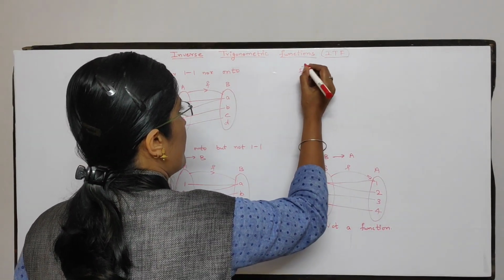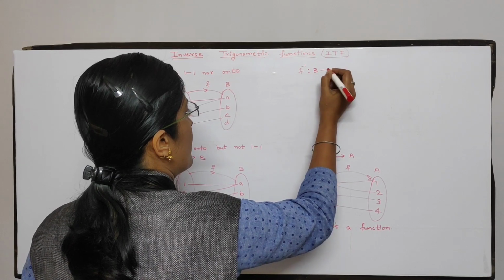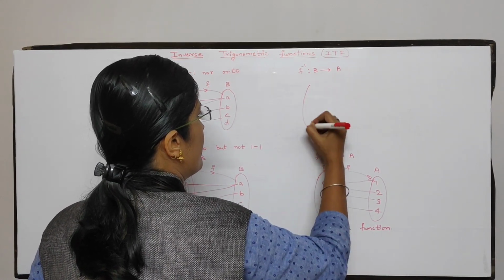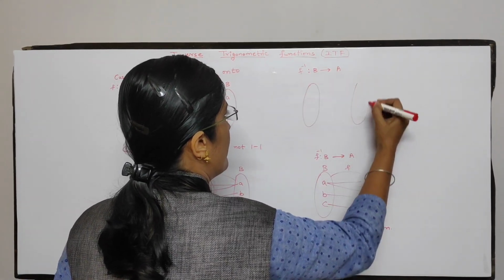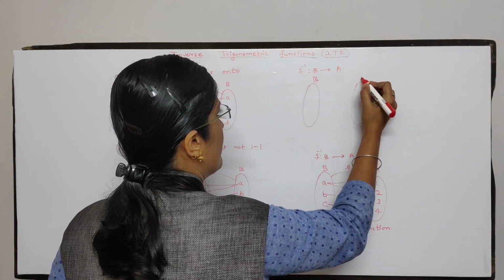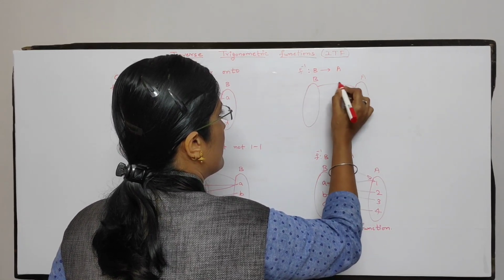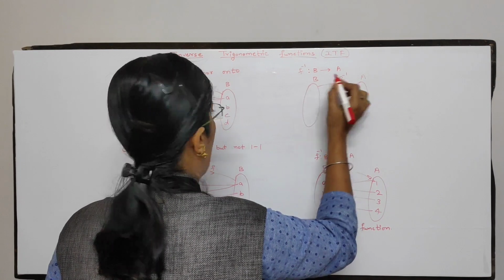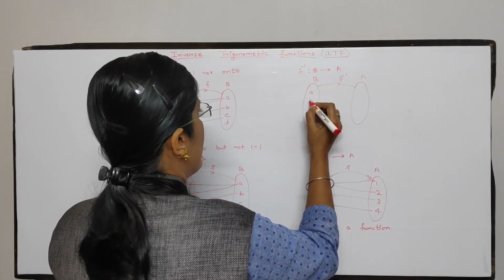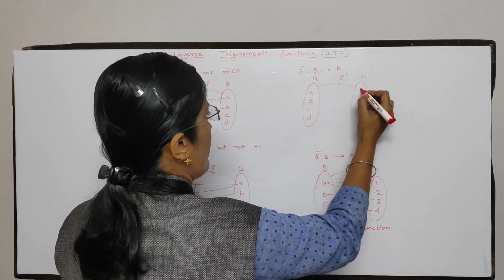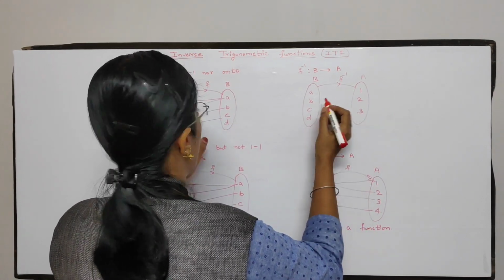Now let us check whether the inverse exists or not. B to A. F inverse. A, B, C, D, 2, 3.